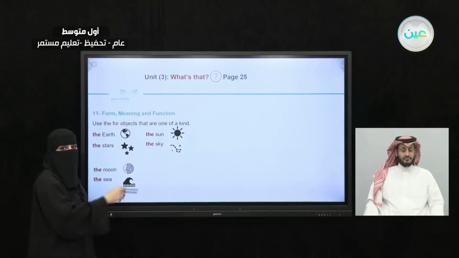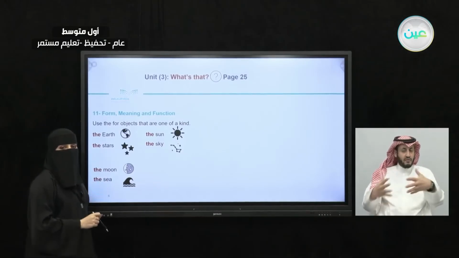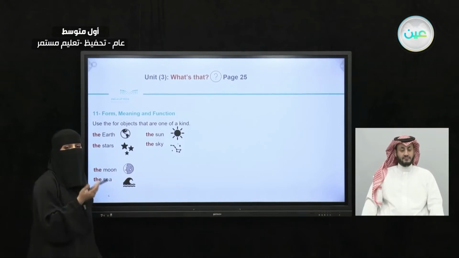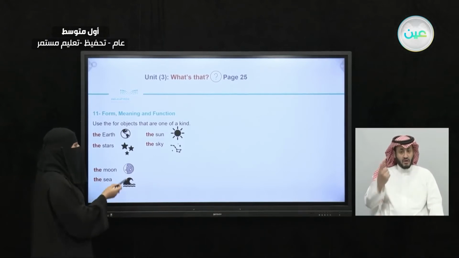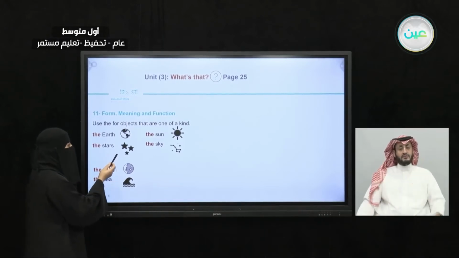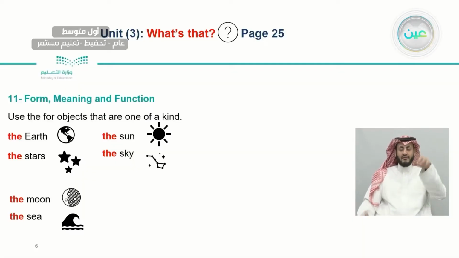What's common between all of those objects? They're almost one of a kind. We have only one moon, okay? We have only one earth, okay? It's one of a kind, and even the stars and the sea.